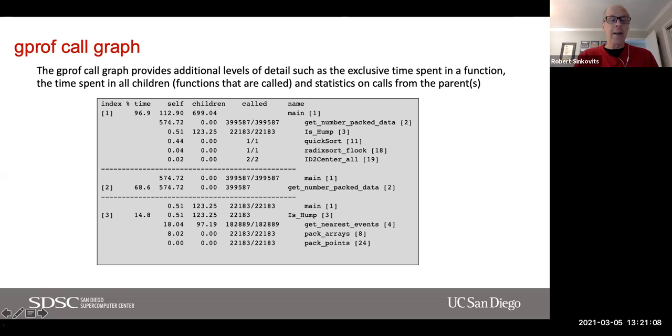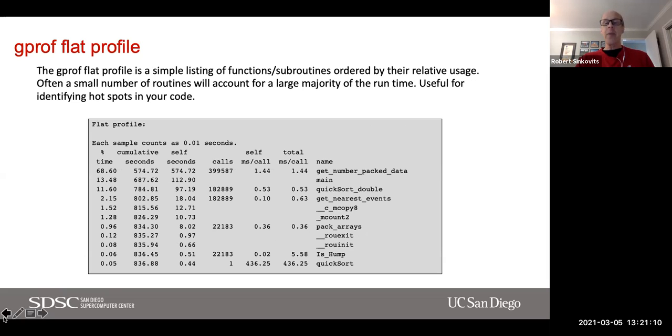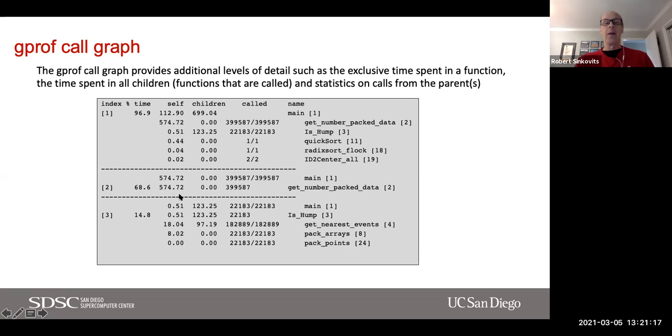Now, if we go back to the previous slide, we see that main was actually number 2, that it consumed 13% of the time. But in this case, we're seeing the functions ordered by self plus child usage. So this is accounting for all of the routines that are called by main.